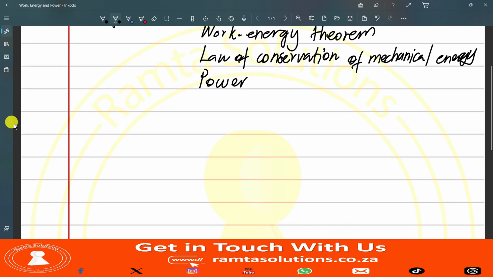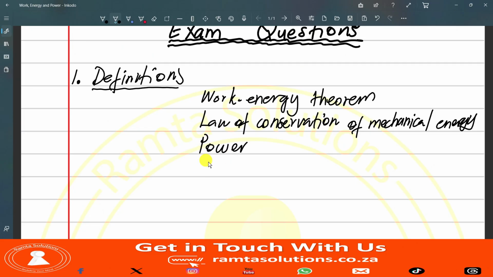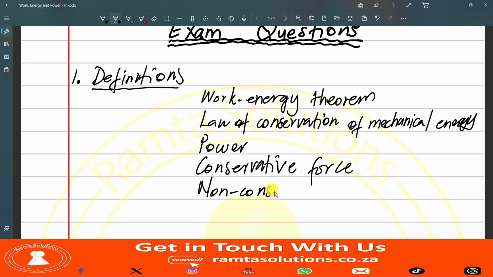You need to know the definition of power. Then you need to know the definition of conservative force, and that of a non-conservative force.